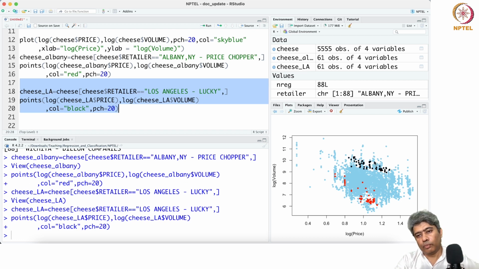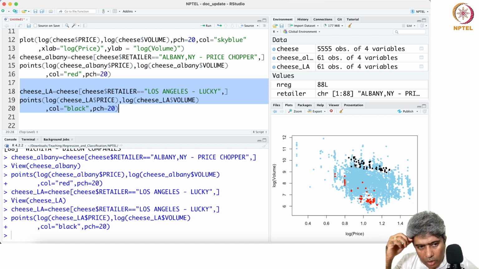So all these are just different clusters altogether. Now if I fit a model using all the points, then the line will pass somewhere here, through the middle, and that line will neither fit Price Chopper in Albany nor Los Angeles Lucky.